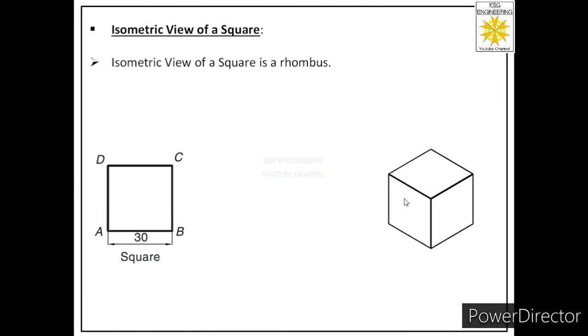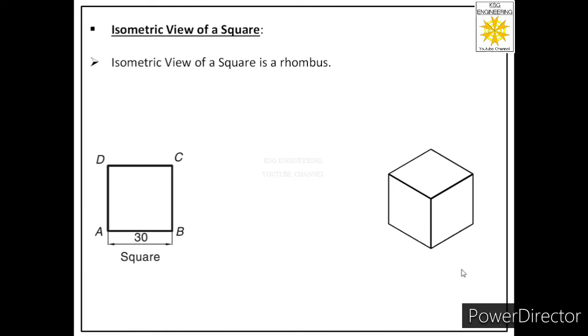Now this is isometric view of left front face of the cube, which is a square. So we'll call this left side isometric view. And this is isometric view of the top face of the cube, which is also a square. And we'll call this top isometric view. And you can see in these three cases, the isometric view of the square face is a rhombus.